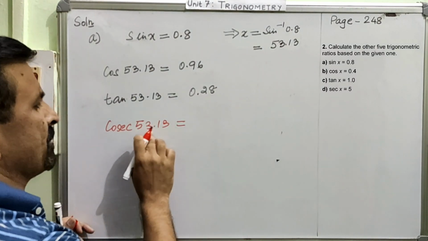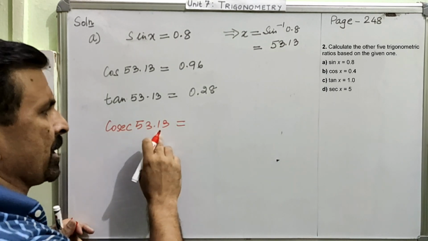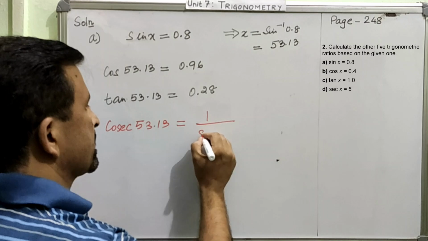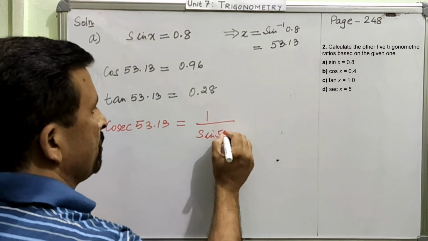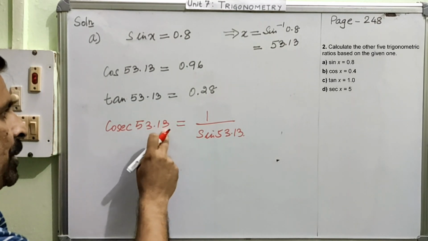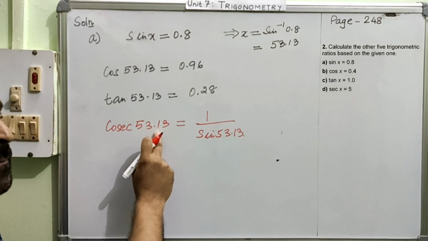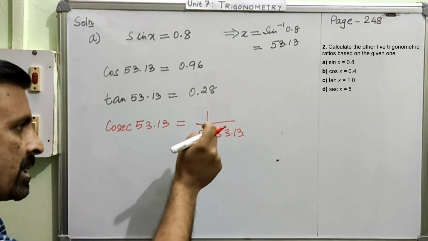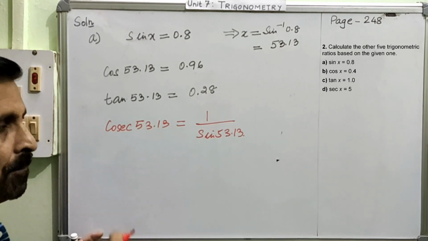So this cosec 53.13 is the reciprocal of sine, right? So I can write this as 1 over sine 53.13. This cosec 53.13, we can write it in the form of reciprocal, and this is 1 over sine 53.13 because this is the reciprocal of cosec.